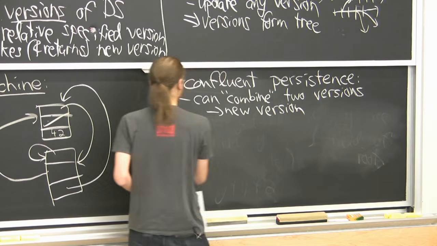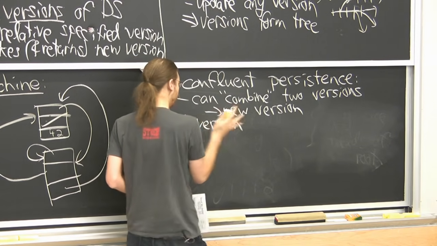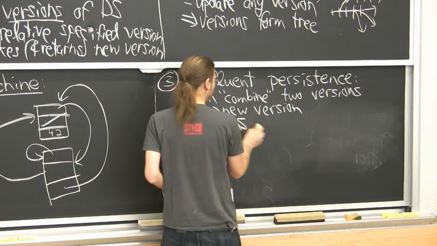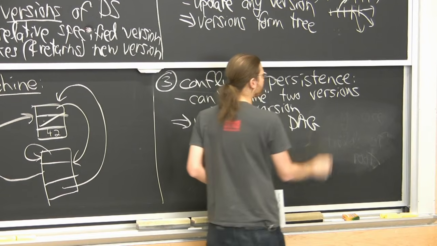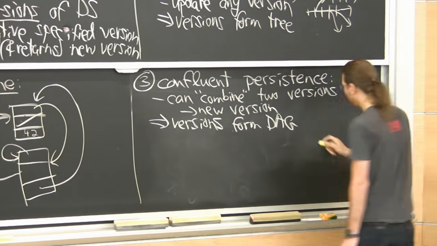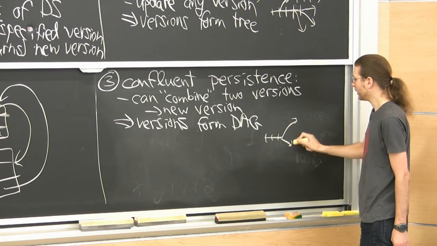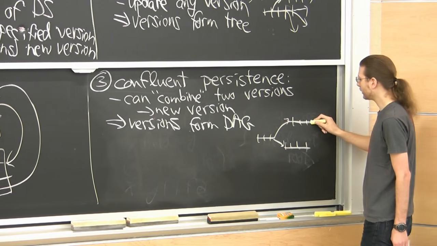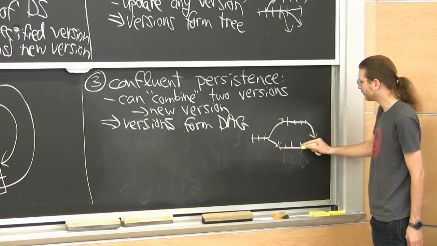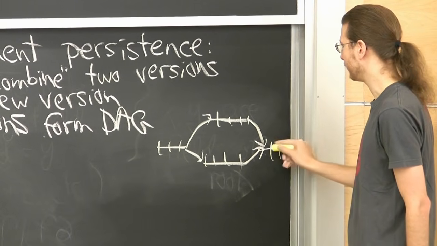And in this case, again, you can't destroy old versions. In persistence, you never destroy versions. So now the versions form a DAG, a directed acyclic graph. So now we're allowing, okay, you make some changes, you branch your universe, make some changes. And now I can say, take this version of the data structure and this version and recombine them, get a new version, and then maybe make some more changes.